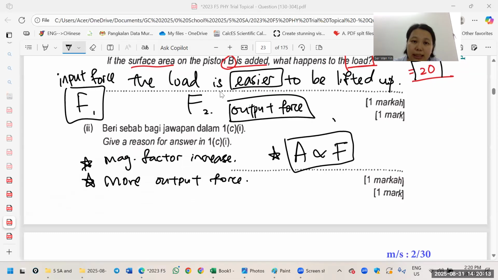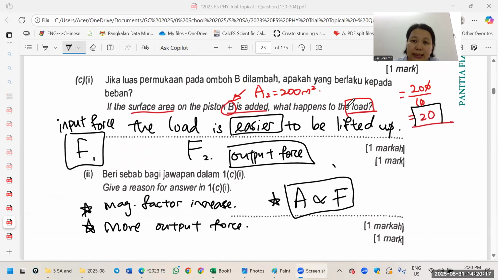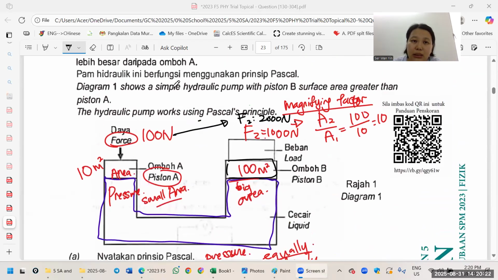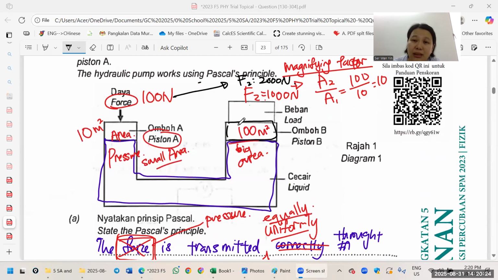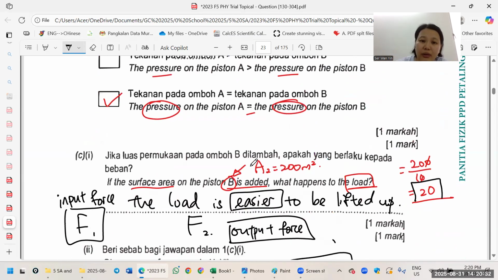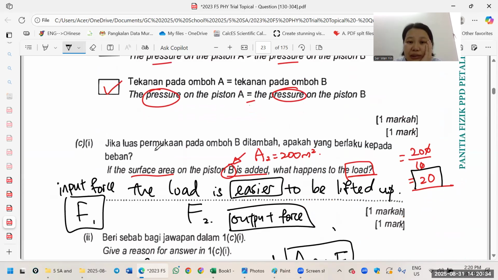For C, can I write that the load moves upwards? Actually, no matter whether it increases or not, it's already small and big, so the load will surely move upwards. You must have a comparison. See what happens if this is enlarged.